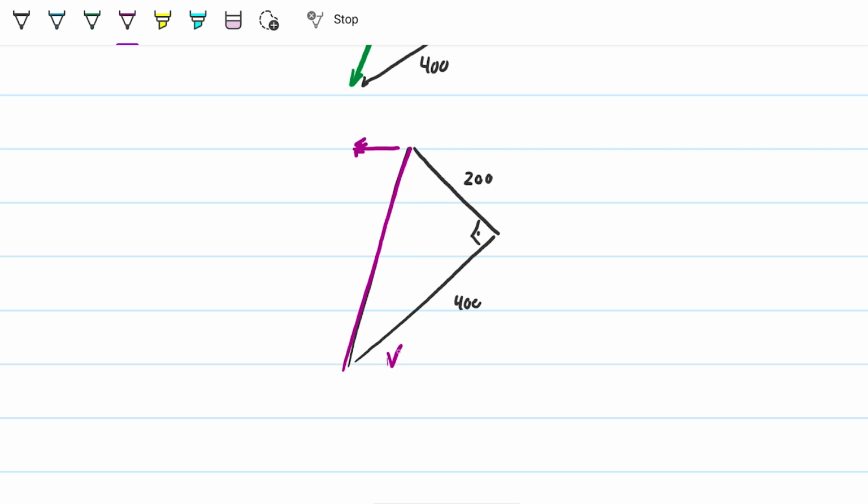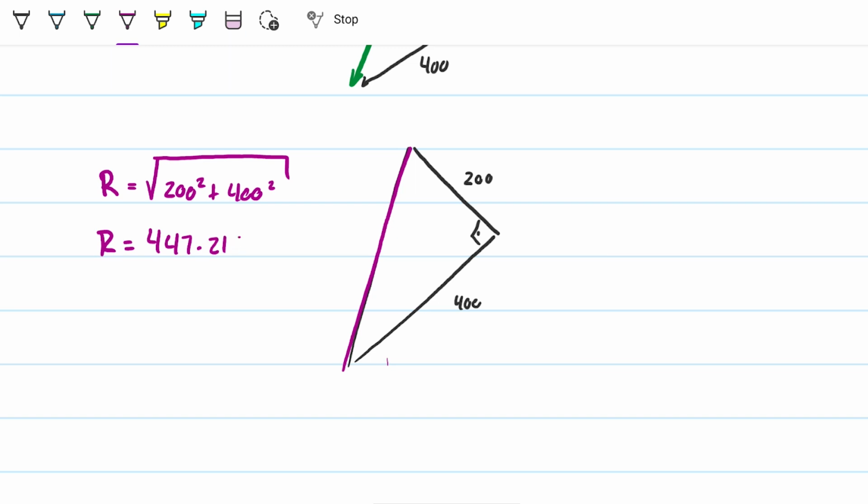And that resultant is easy to calculate, because the resultant, we're going to call resultant R, is just going to be the square root of 200 squared plus 400 squared, right? And that resultant is 447.21, all right, that's pounds. So far so good, right?